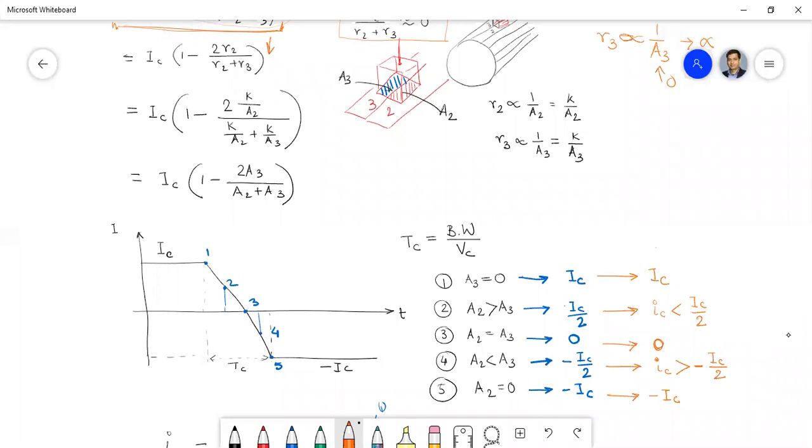Okay, so this is the exact analysis, and this is the approximated analysis. Now, by this exact analysis, what kind of curve should we get? The points 1, 3, and 5, these 3 points are unchanged.